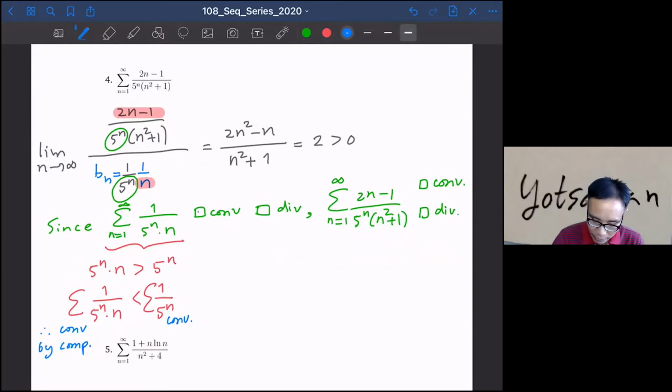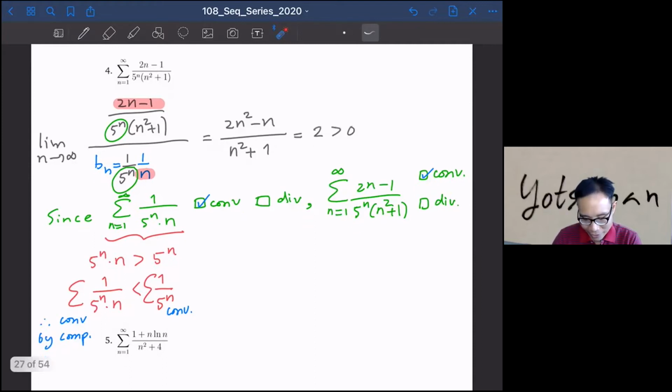So you're going to seek convergence, and for the conclusion, it turned out to be convergent. For this other one, you use limit comparison to test for convergence or divergence of this series. Okay, so that's how we do this one.